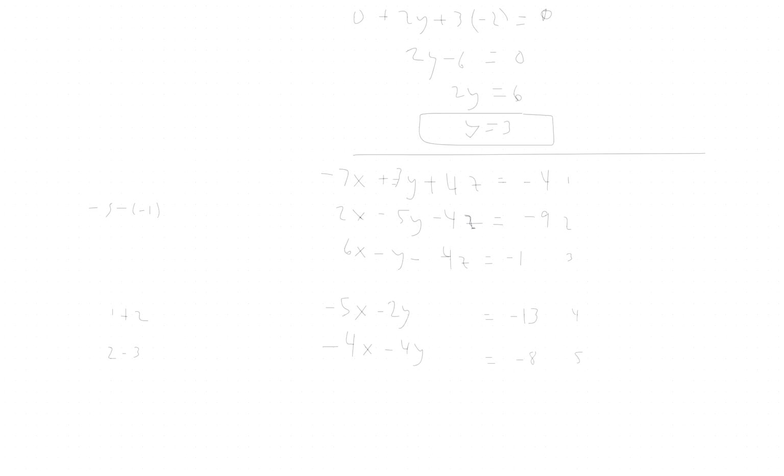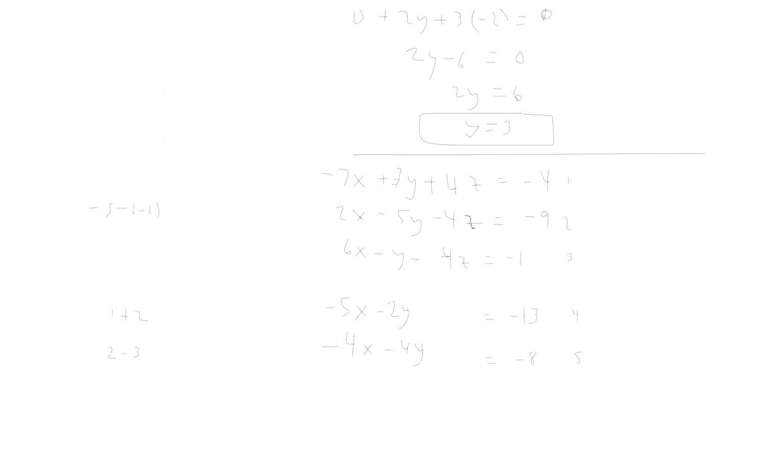What can we do to 4 so it looks like 5? We add, but the coefficients don't match up, so before we add or subtract, the coefficients have to match up so one of the variables eliminates.